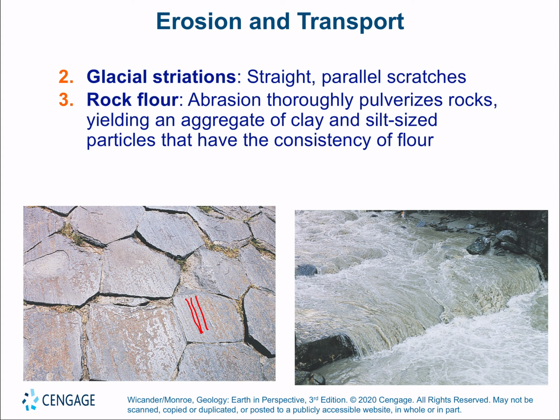The picture on the right, you can see how the water is kind of milky looking, and that is because of the amount of rock flour that's suspended in that water. So abrasion actually is going to pulverize the rock, and it's going to yield that finer material, that silt and clay-sized particles, which have that consistency of cake flour, and it gets transported in that water.